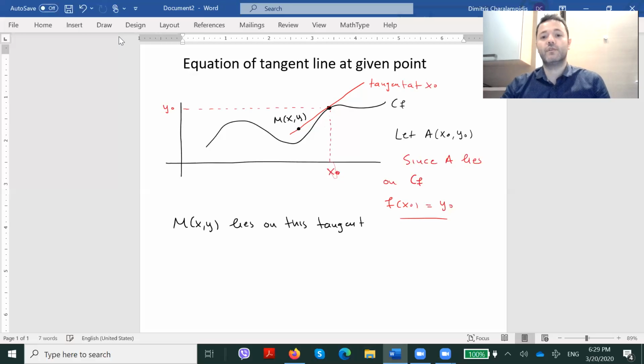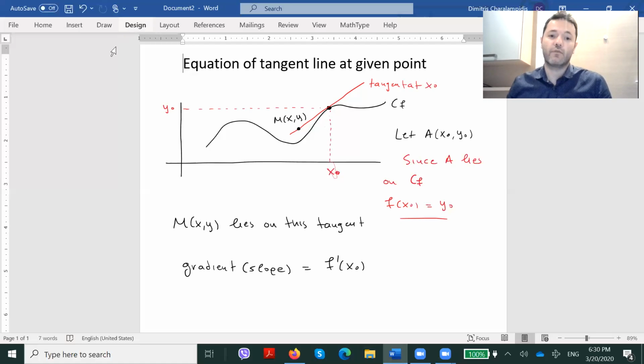In a previous video, we learned that the gradient, or in other words, the slope of this tangent line at point x0 is basically equal to f prime of x0, the value of the first derivative of f at the point with x coordinate x0.